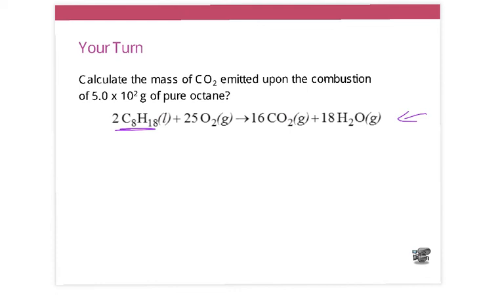And you always want to start with what you're given. So we have 5.0 times 10 to the second grams. Oh, and I want the mass in kilograms, please. All right, so we have 5.0 times 10 to the second grams of octane, which is C8H18.